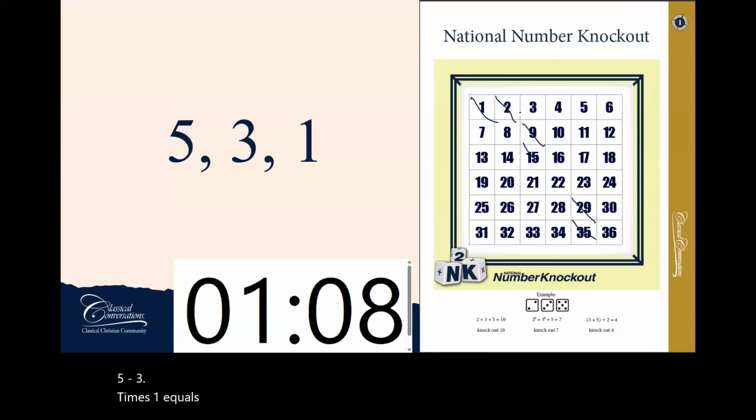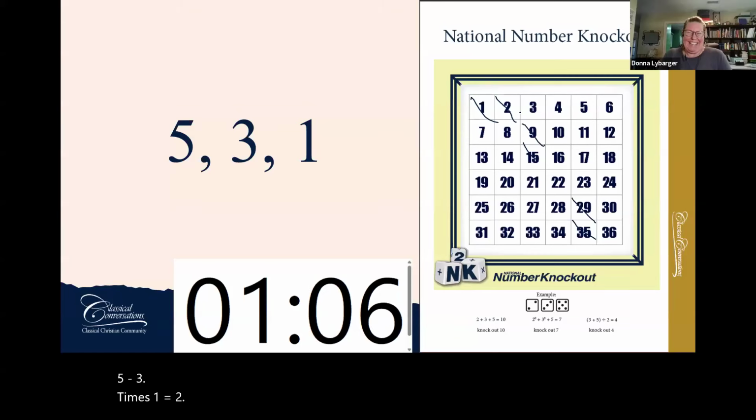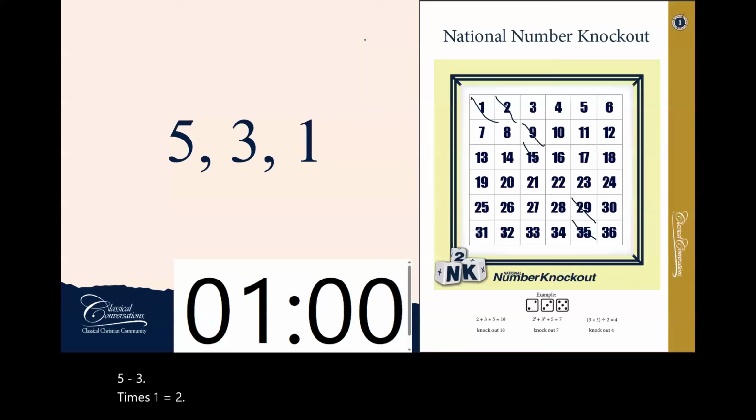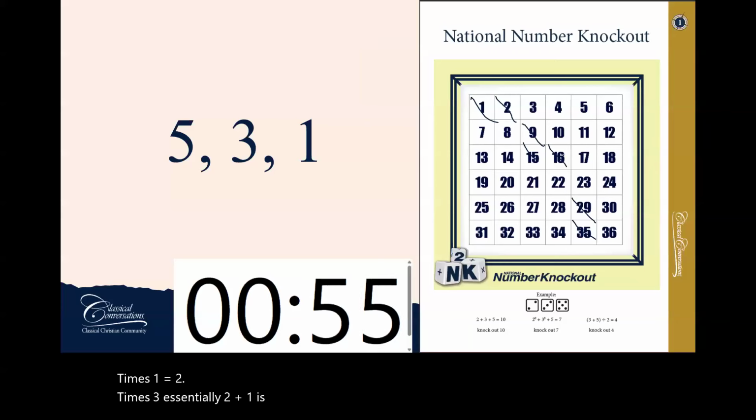You took it from me. 5 times 3 is 15 plus 1 is 16. 5 plus 3 is 8, minus 1 is 7.